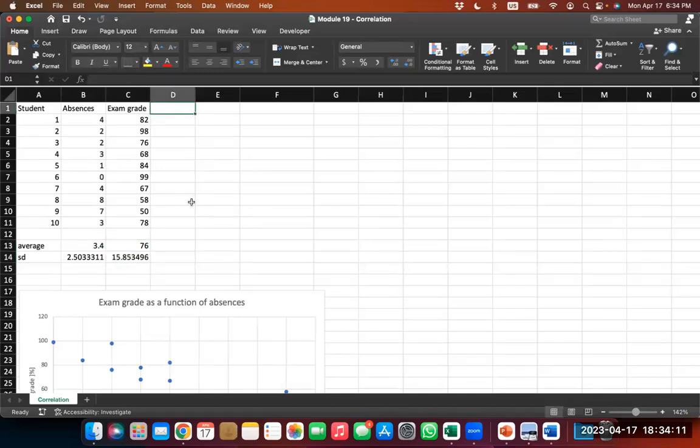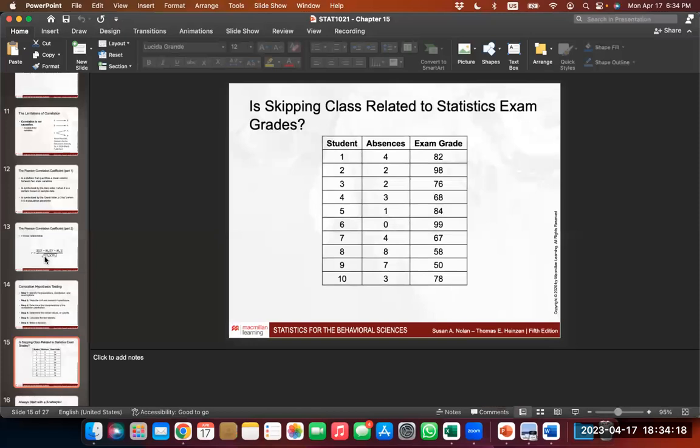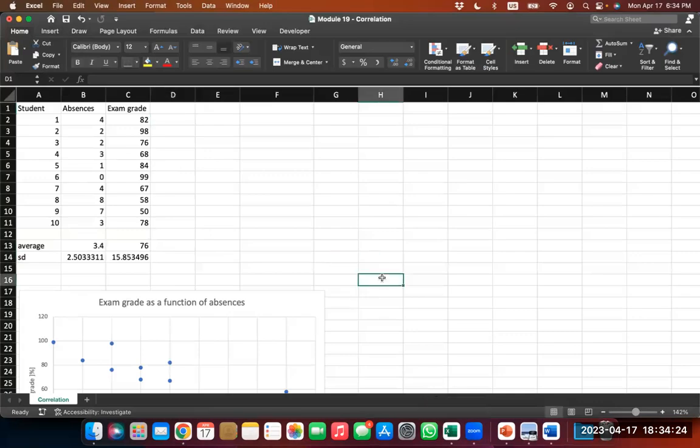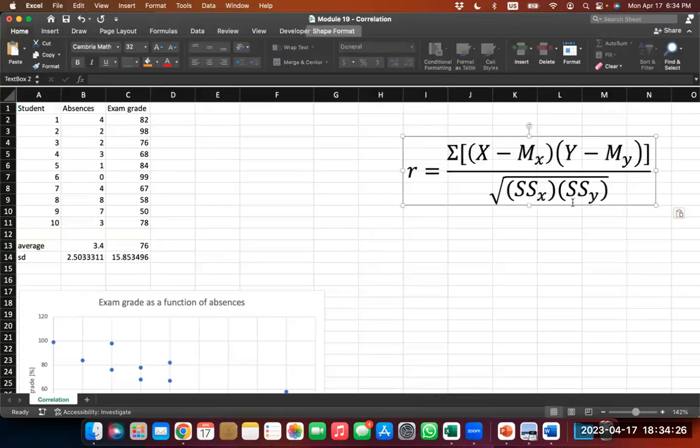Firstly, we're calculating the deviations. So we remember the formula. The formula asks first for the sum of the product of the deviations, and then in the denominator, we have the square root of the product of the sum of squares of x and y.